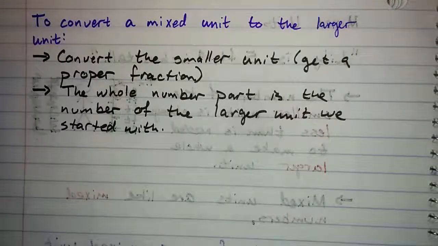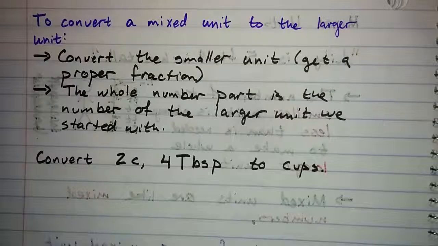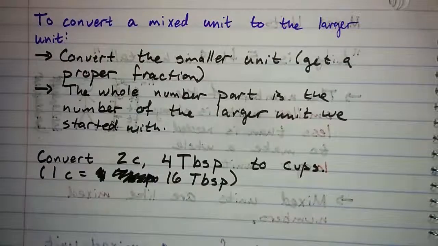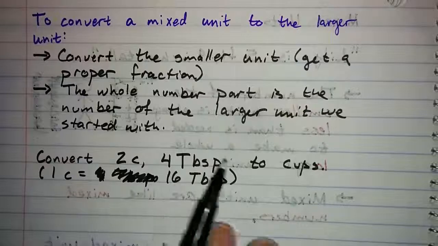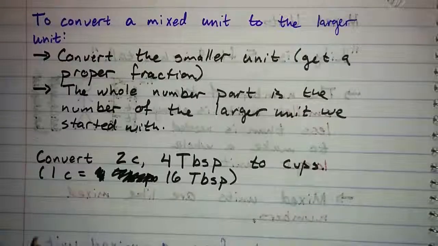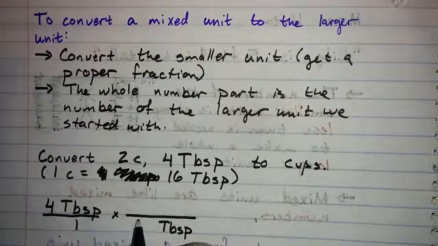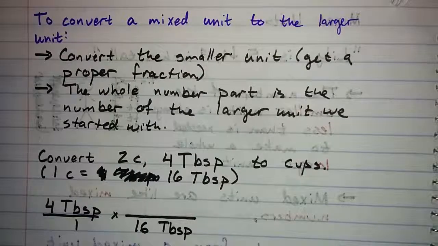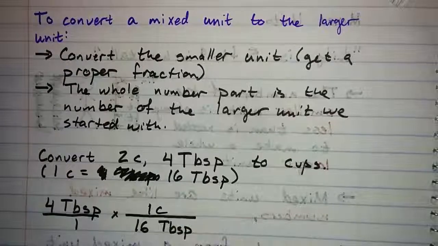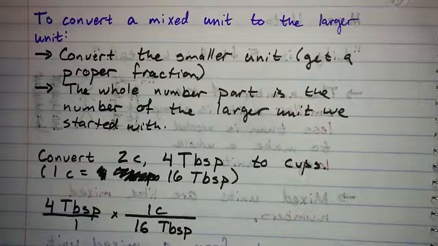So for example, if we have 2 cups and 4 tablespoons, and we'd like to convert it to cups, remembering that 1 cup is 16 tablespoons, well, we'll take our 4 tablespoons and convert it. We want to get rid of tablespoons, so we'll have 16 tablespoons in the denominator, 1 cup in the numerator.